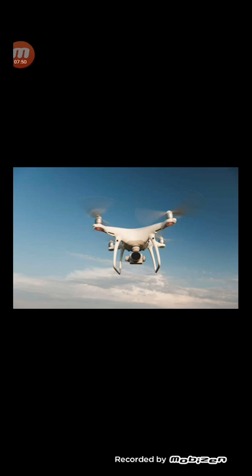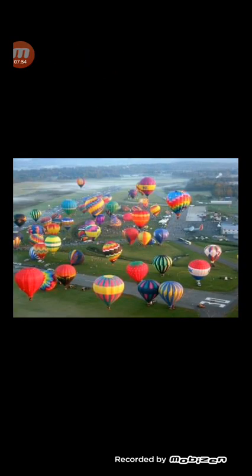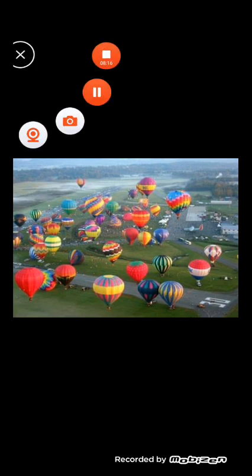For the hot air balloons, they are filled with air, with either hydrogen or helium. That helps them to be light and they're able to fly above the earth, and you can take your photographs.